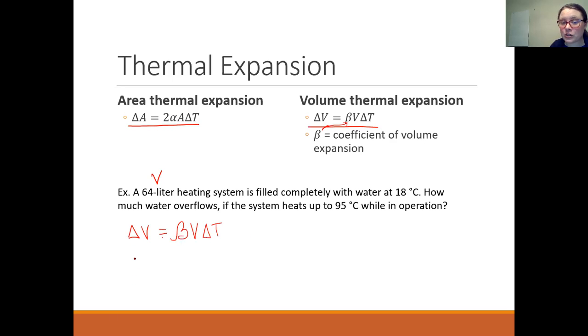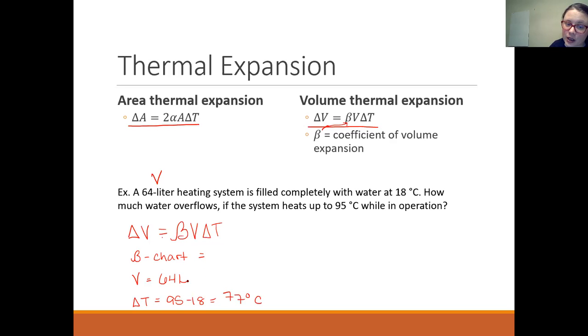Now let's make a little table of values that we can use to figure out our question. Beta is our chart number; we'll look it up. Volume is the original volume, so we had 64 liters. The change in temperature is equal to 95 minus 18, which gives us 77 degrees Celsius.